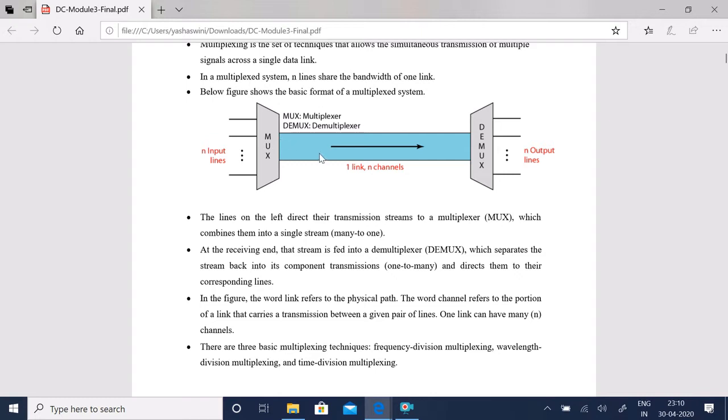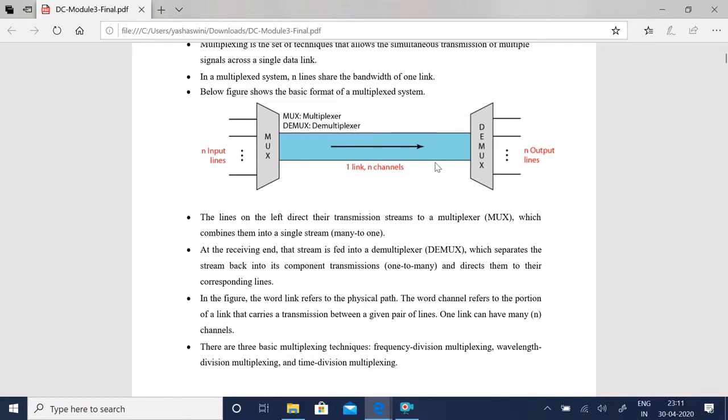So what type of relationship or mapping is happening here? n input lines are combined into a single line or a single stream of data. At the receiver end, this single stream of data is fed to a demultiplexer which will separate each channel into its corresponding stream. Here the relation applied is one to many.